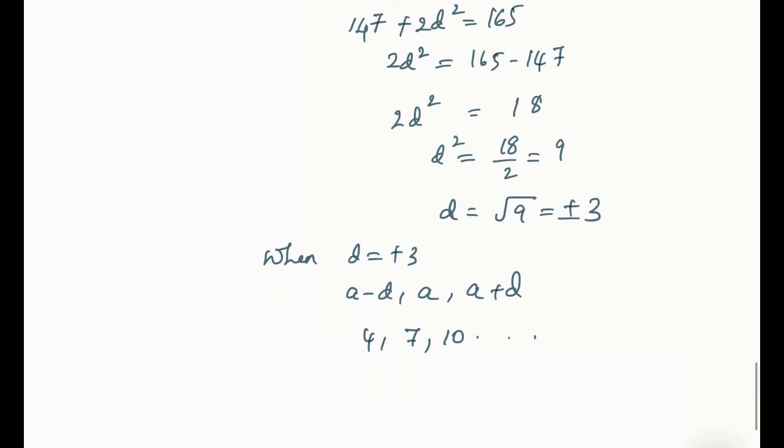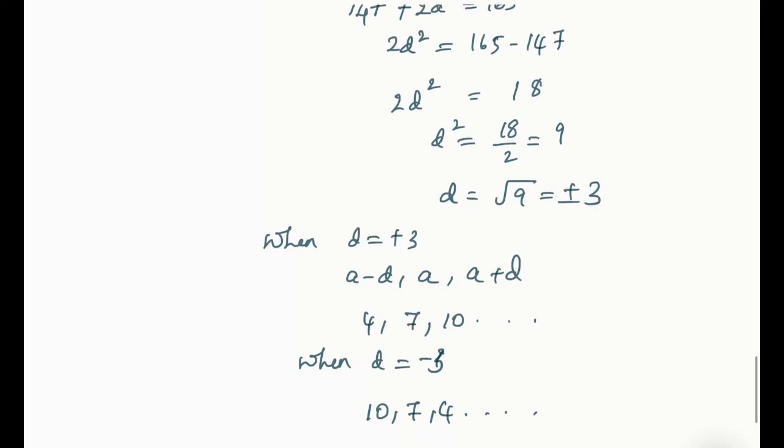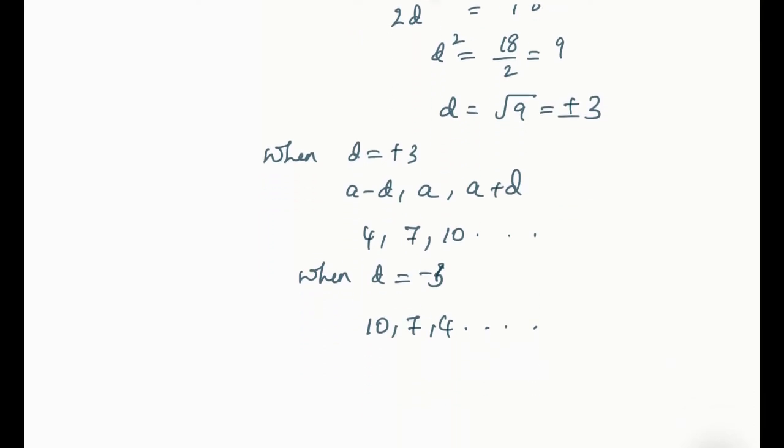It goes like that. And when d is minus 3, it is the other way, vice versa: 10, 7, 4. Hope it's clear to you all. So this is how you do the questions related to this.